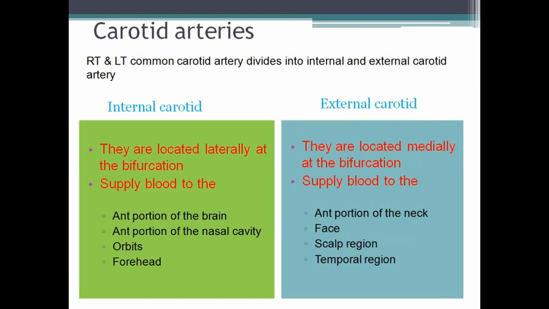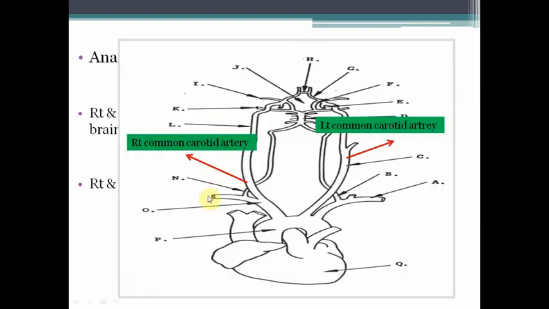As I already told, the carotid artery has right and left common carotid arteries, which again divide into internal and external. Now you can see here, when this vessel goes here, again it will divide. This is the internal carotid artery, this is the external carotid artery.